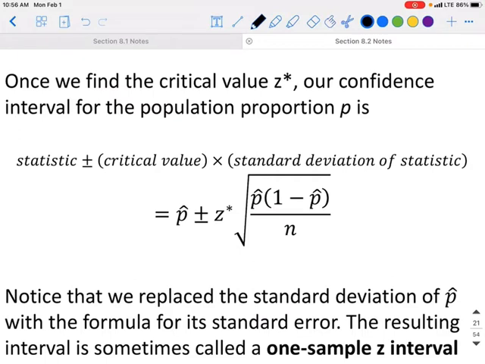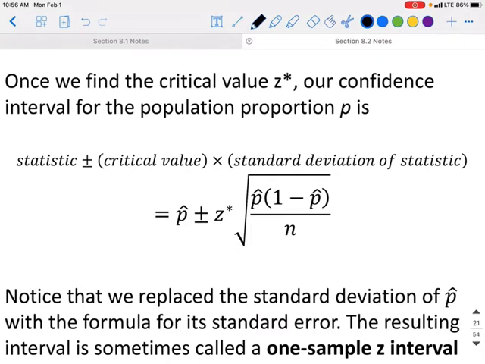Once we find that critical value, z star, our confidence interval for the population proportion, P, is our statistic plus or minus the critical value times the standard deviation of our statistic. And remember, the standard deviation of the statistic, since we're talking about proportions, is the square root of p hat times 1 minus p hat all over n, or the square root of our probability of success times our probability of failure all over the sample size.